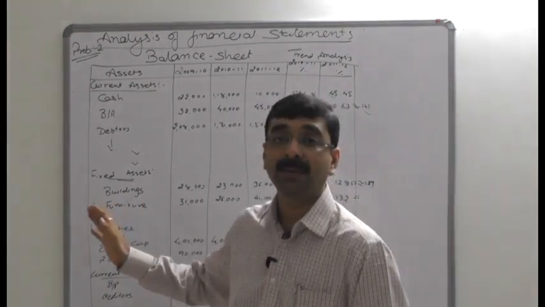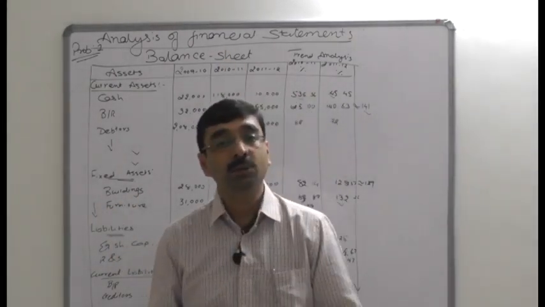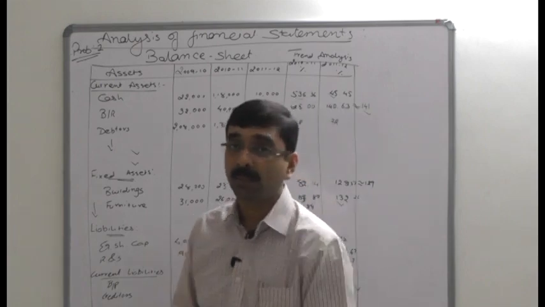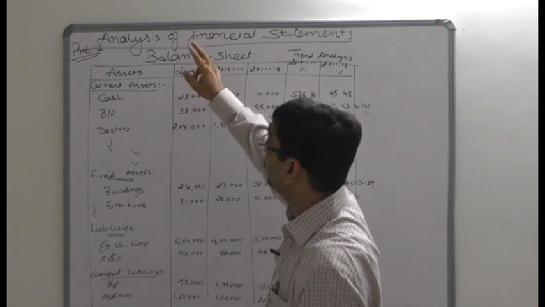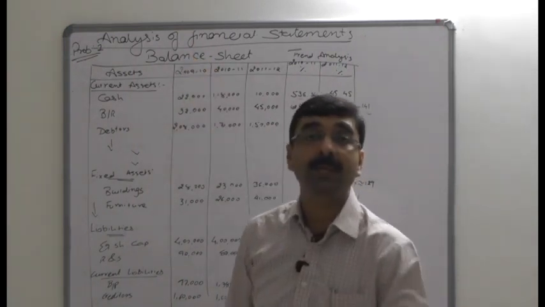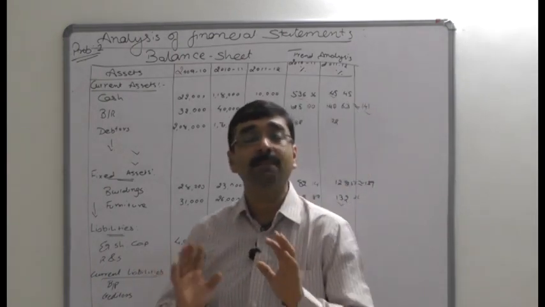So simultaneously, whenever I try to solve the questions, you keep the questions in your hand. Here I am going to start the first question of module number 2, that is analysis of financial statements. Analysis of financial statements has many methods.